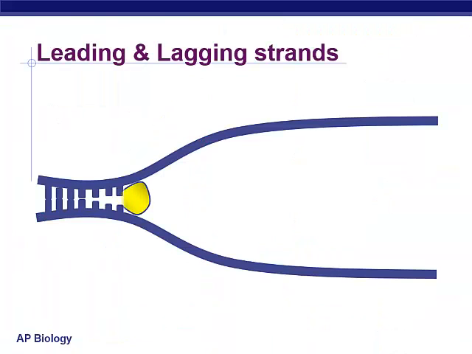Alright, so because DNA polymerase III can only build a new strand in a 5' to 3' direction, you have a lagging strand. You have a strand you have to build backwards. We just saw that. So what's this yellow thing here represented? Helicase, right? There's helicase. All right.